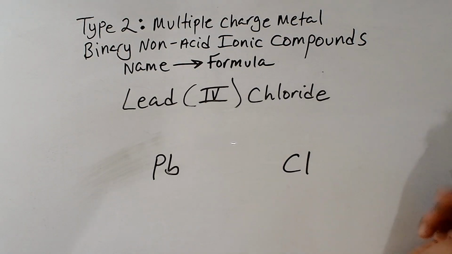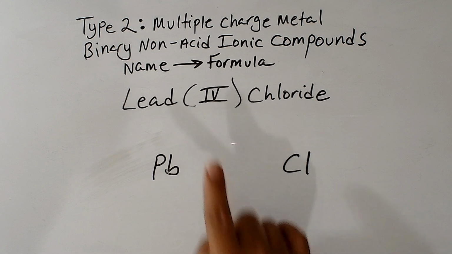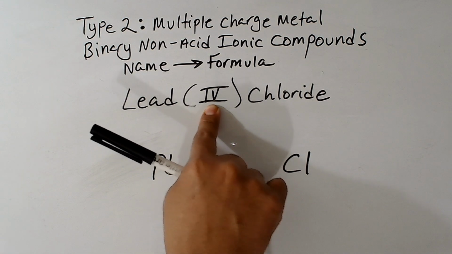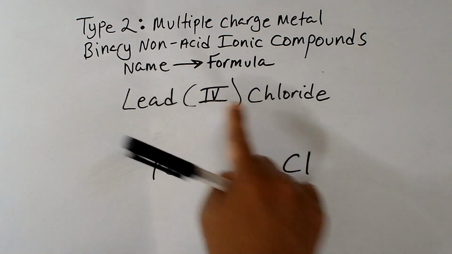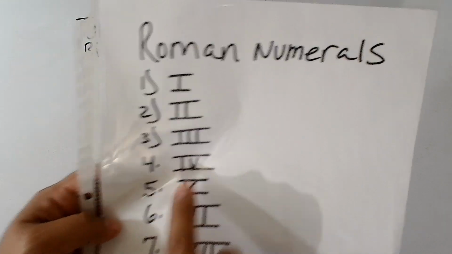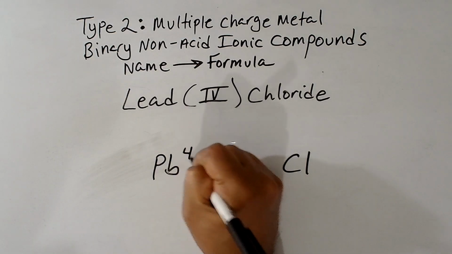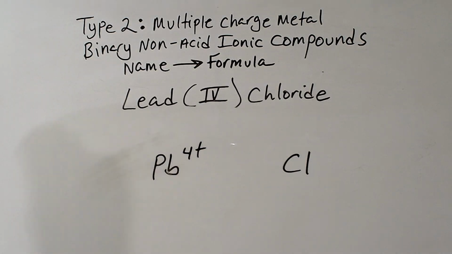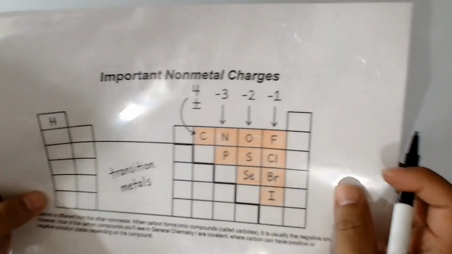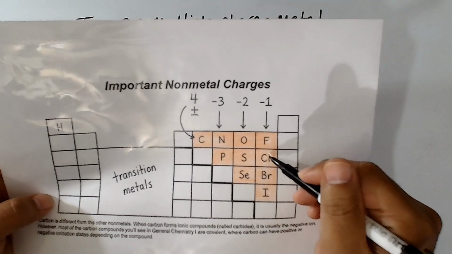Chloride is Cl. And remember that the charge for the metal is the Roman numeral inside the parentheses. If you're not familiar with that number, it's the Roman numeral 4. And Cl is in group 17. It's a 1 minus.